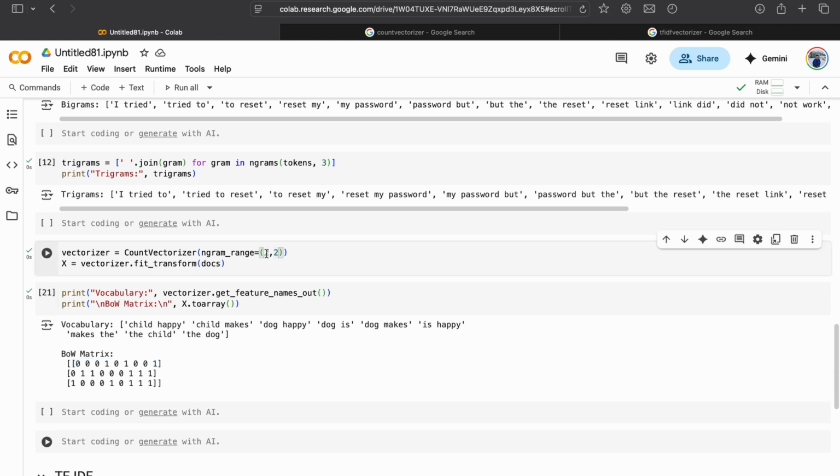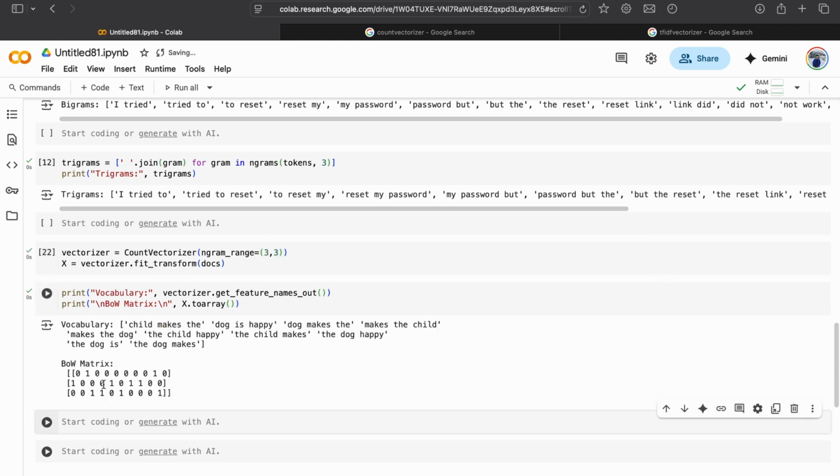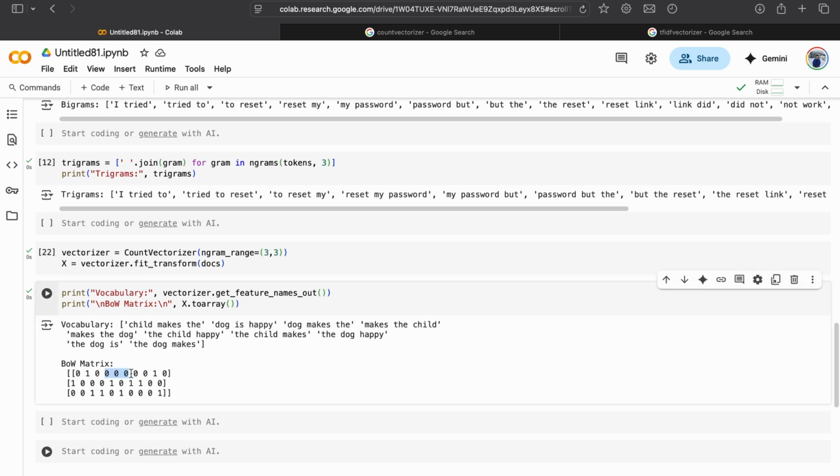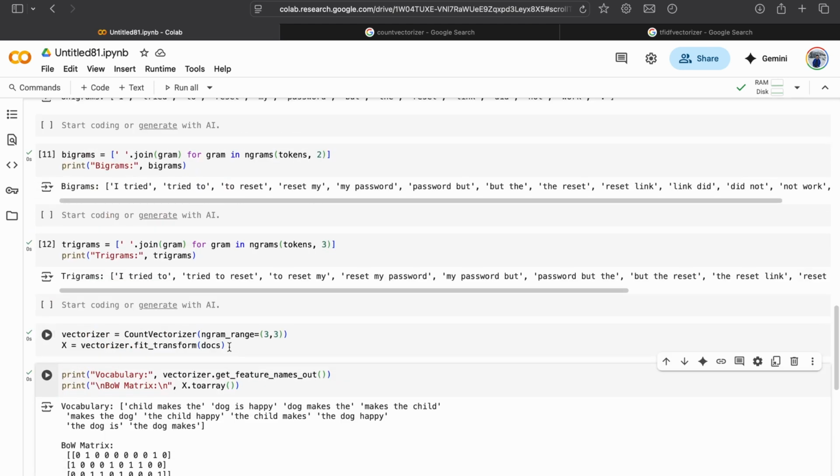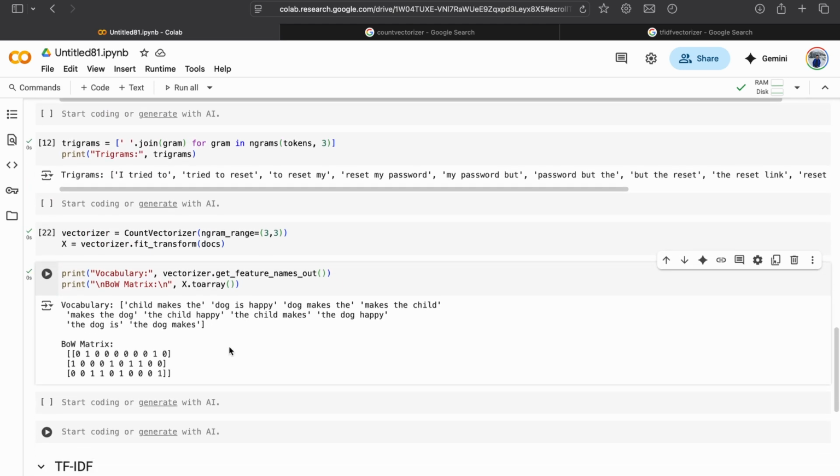And if you use trigram, it's 10. So as you can see, going from unigram to bigram, from bigram to trigram, the length of the vector is increasing. The dimension of the vector to represent the sentence, to represent the document, is increasing.